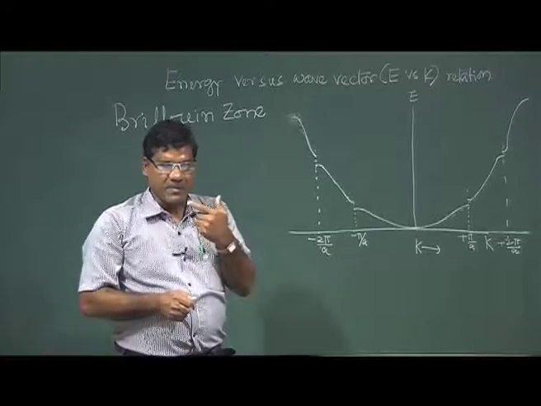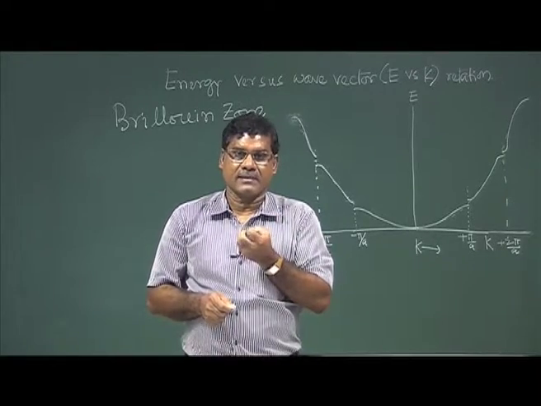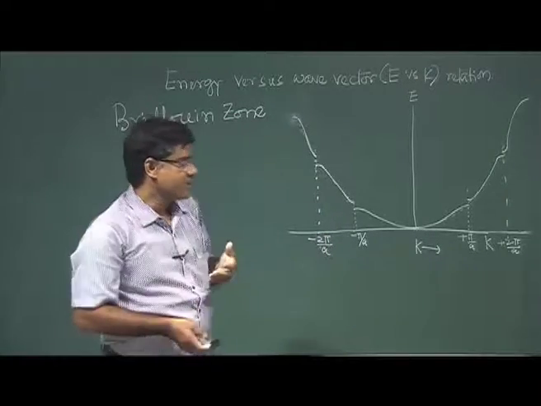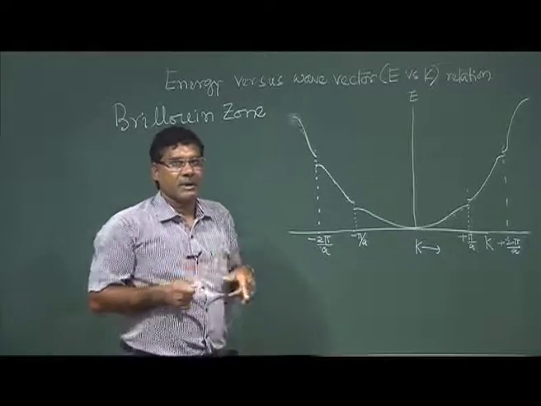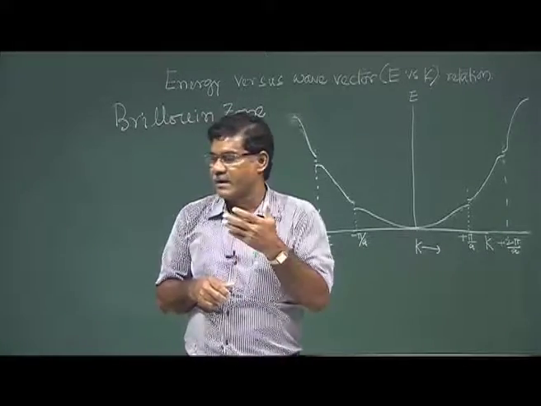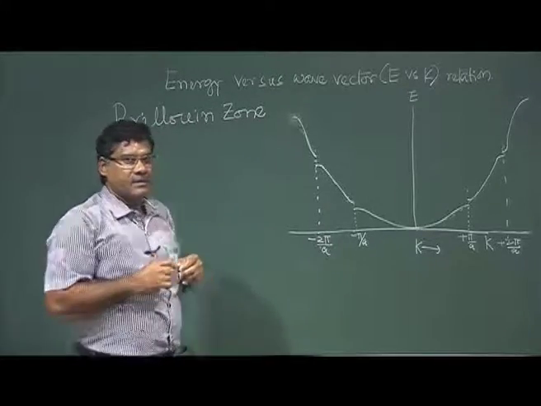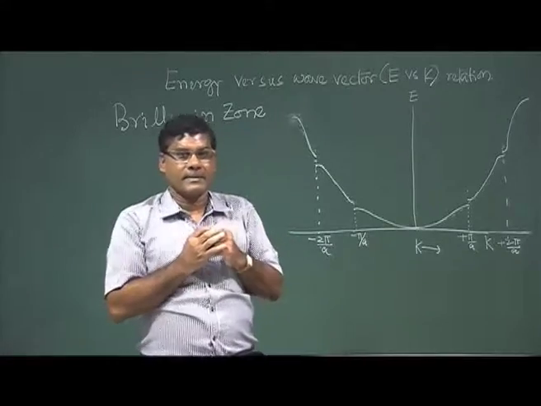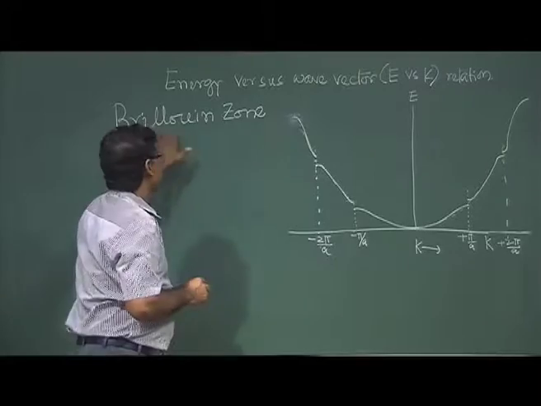So, it is a primitive unit cell, it will have one lattice point per unit cell. A similar unit cell in the reciprocal lattice, in the same way one can draw, one can find out, and that is basically this lowest area or lowest volume in 3 dimensions. So, that is the Brillouin zone.